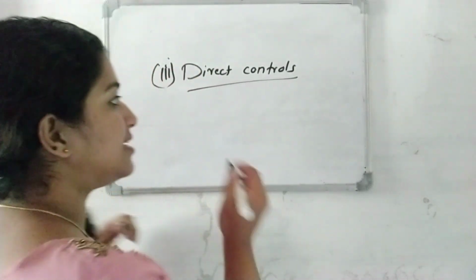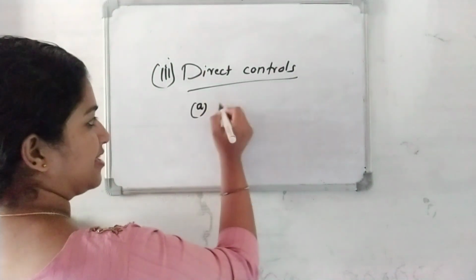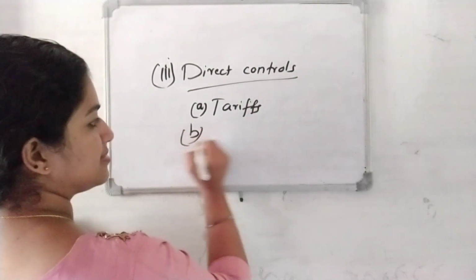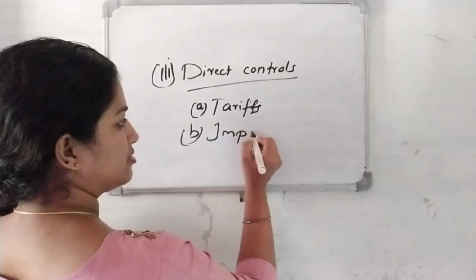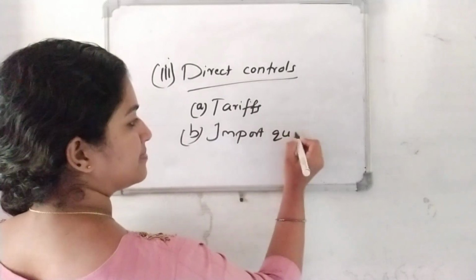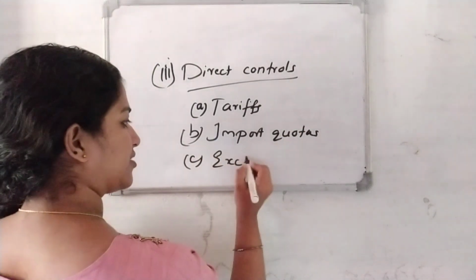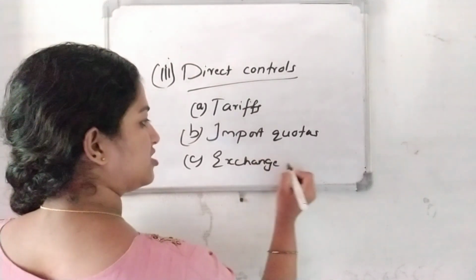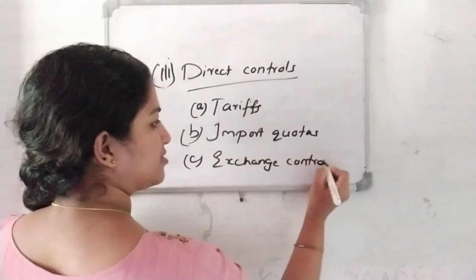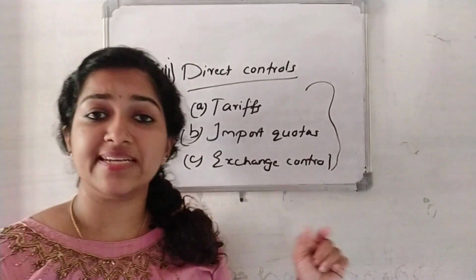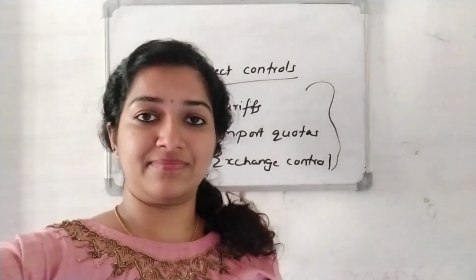The first one is tariffs, second is import quotas, and third is exchange control. So these are the three methods that come under direct controls for correcting the deficit in the balance of payments.